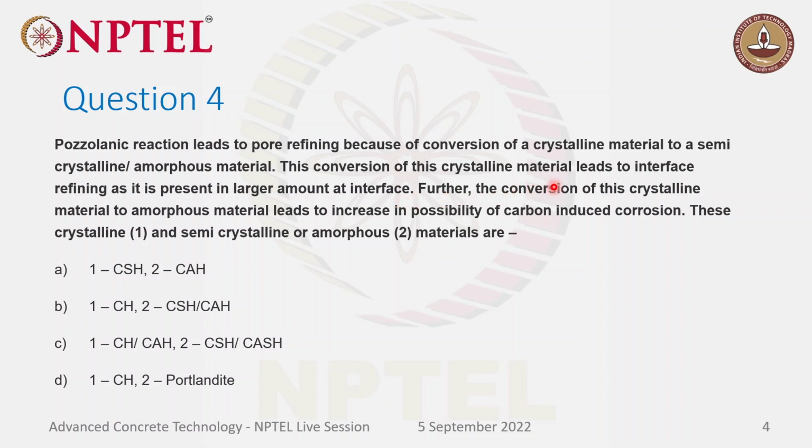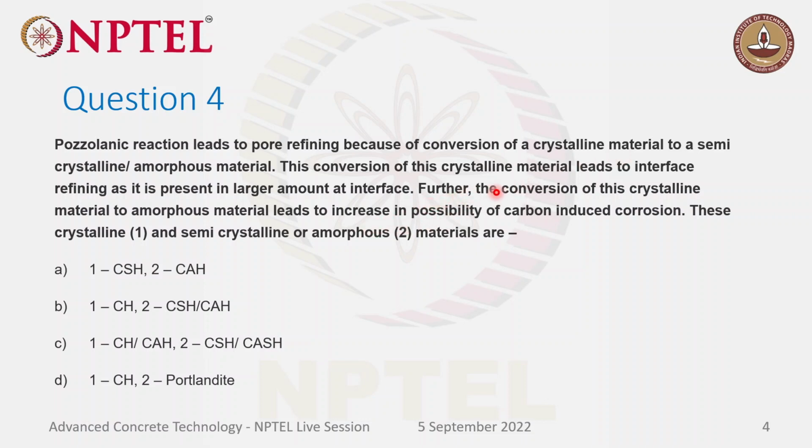Further, on the conversion of this crystalline material to amorphous material, they are saying that initially the product will be crystalline, and since we are adding pozzolanic material, the pozzolanic reaction happens: the reactive silica from the pozzolanic material reacts with this crystalline material from OPC hydration, and it forms semi-crystalline material.